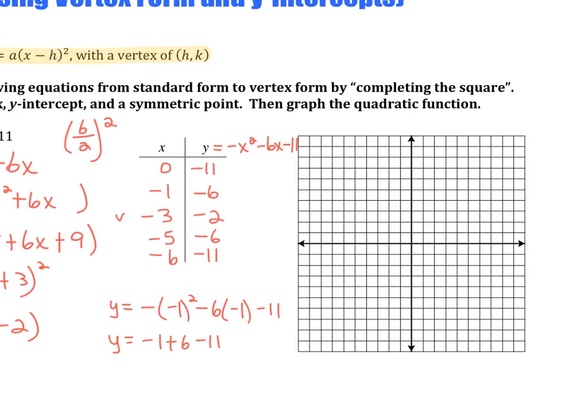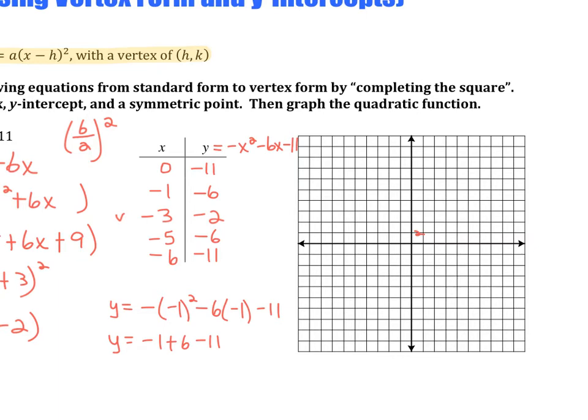All right, so let's go through and do the graphing now. It looks like I'm going to need to scale my y-axis by 2s, so I'm just going to put a little 2 here on the y-axis, and I'll leave the x-axis scaled by 1s. That'll be fine.